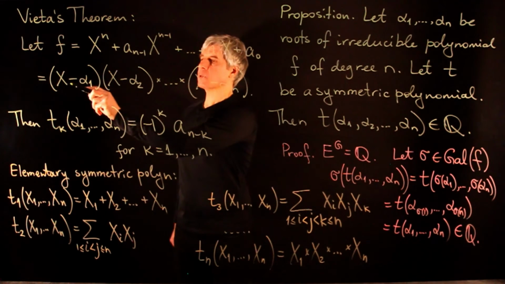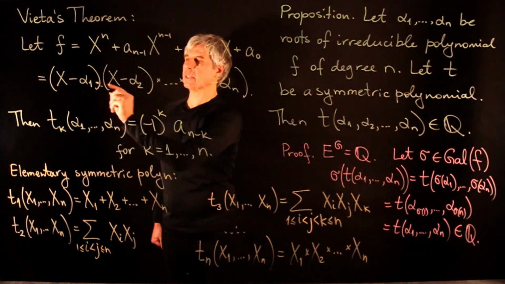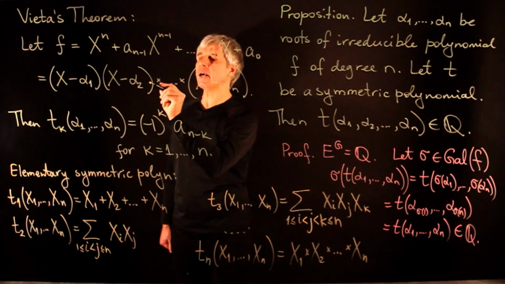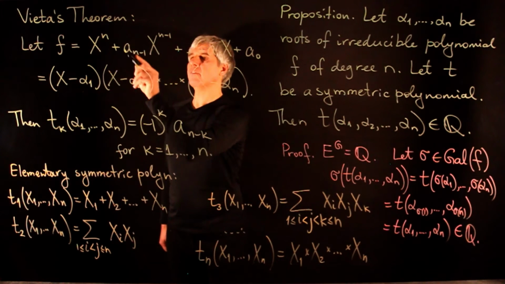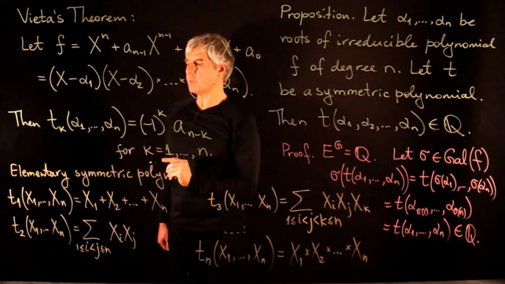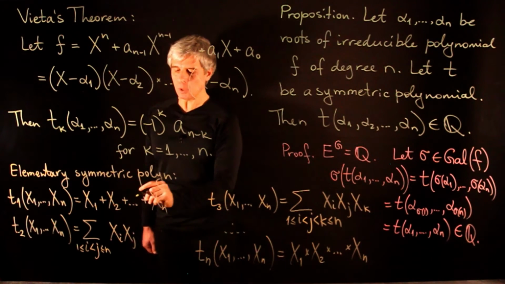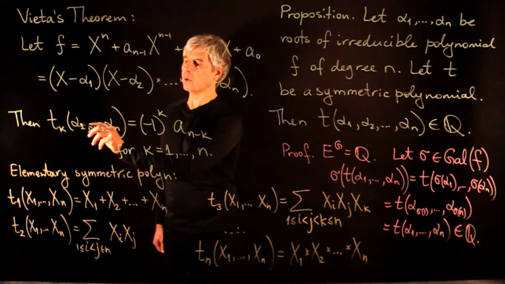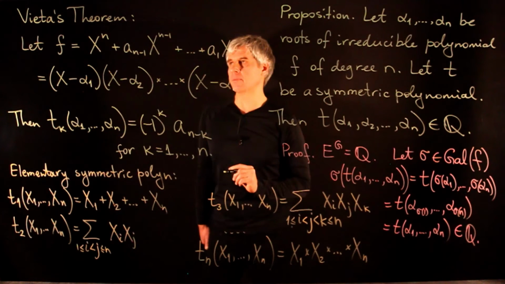On the other hand, when we expand this product, we should pick the factor of x in n minus 1 terms and the factor minus alpha_i from one of these terms. And then we get that the coefficient a_{n-1} is equal to minus alpha_1 minus alpha_2 ... minus alpha_n. So this means that t_1 of alpha_1, ..., alpha_n is equal to minus a_{n-1}.